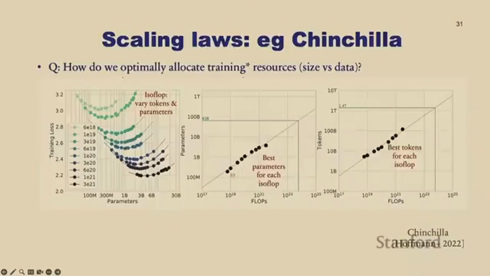So now I have something which tells me that if I want to train a model with 10 to the power 23 FLOPs, here's exactly the number of parameters I should be using: 100B. And you can do the same thing with FLOPs and tokens. So now you can predict: if I tell you I have 1 month of compute, what size of model should I be training? Fit your scaling law, and it tells you.